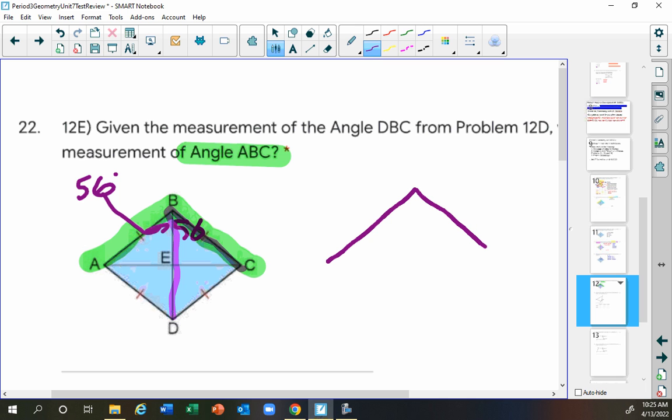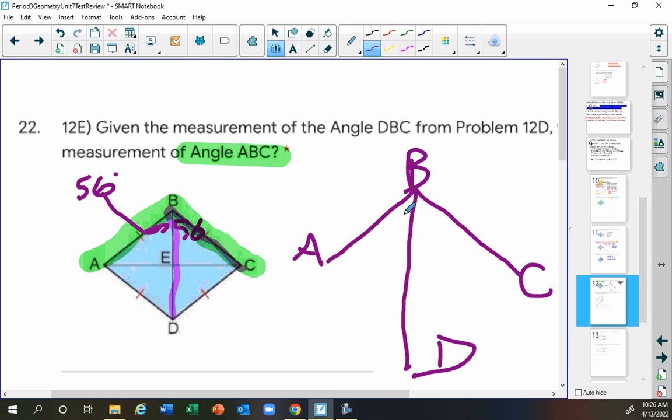Because remember, here's what we have going on. Let me make this A, B, C. Make this a little bigger. Okay, this is a bisector, right? Split this angle right into two. So we said this DBC was 56. But then we also said ABD.